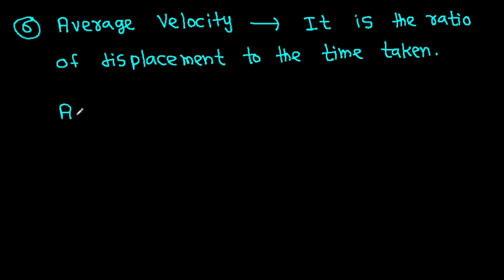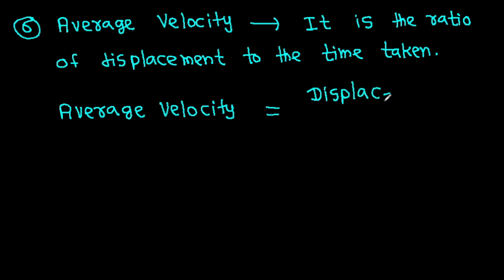That means average velocity will be displacement divided by time.